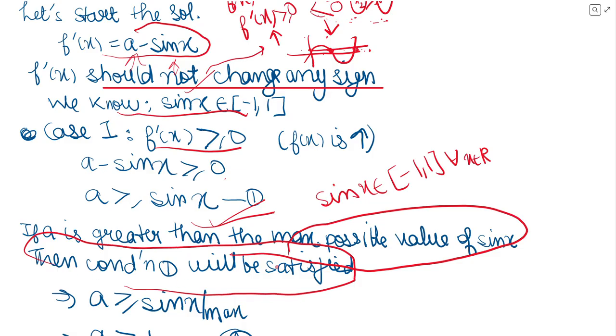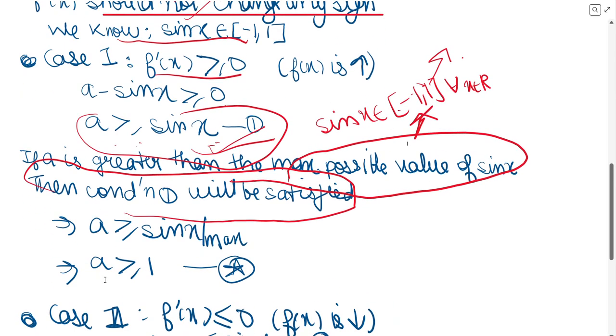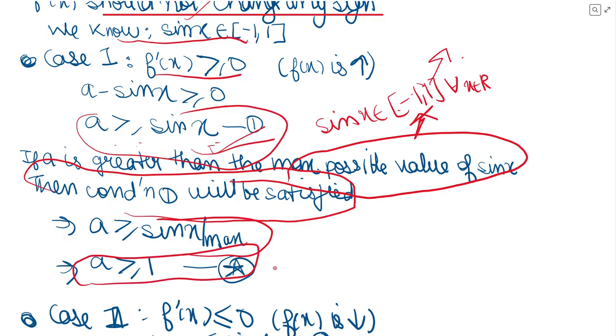So when is this condition possible? a must be greater than or equal to 1, because if a is less than 1, it will reject this. So this is our observation for case 1.